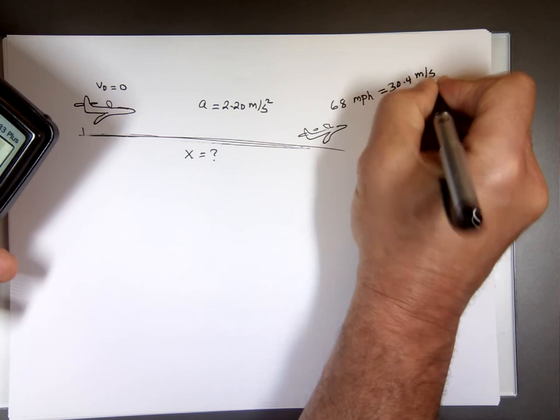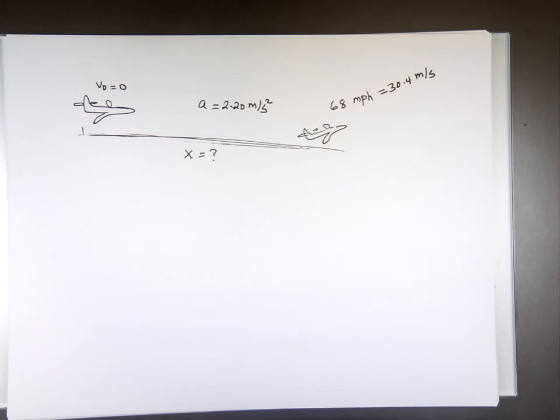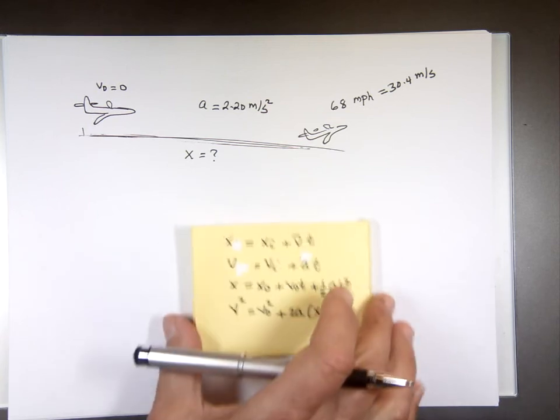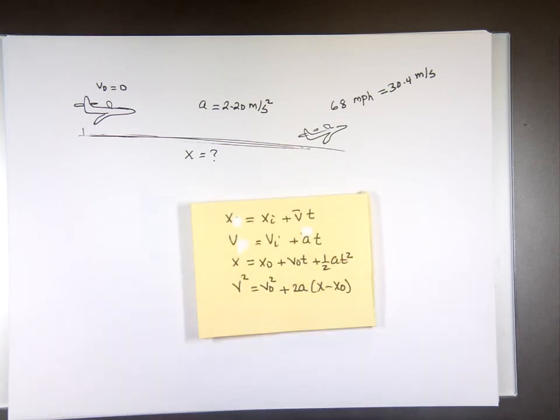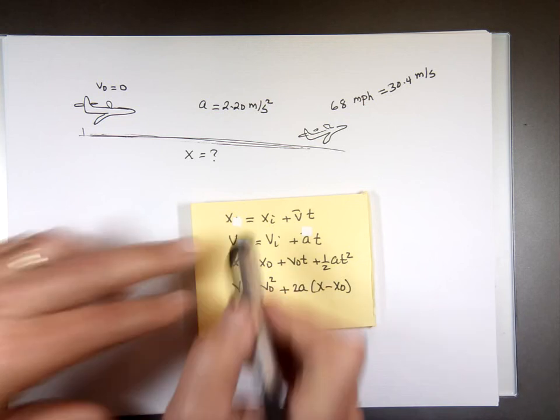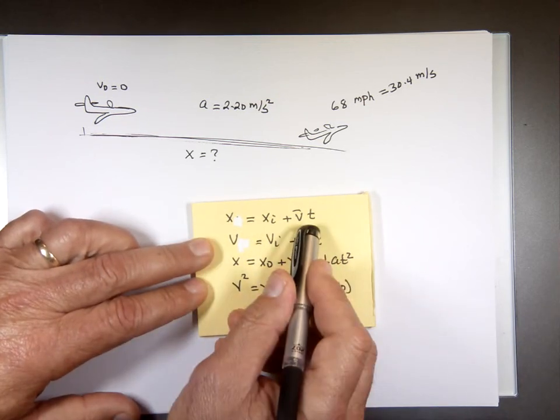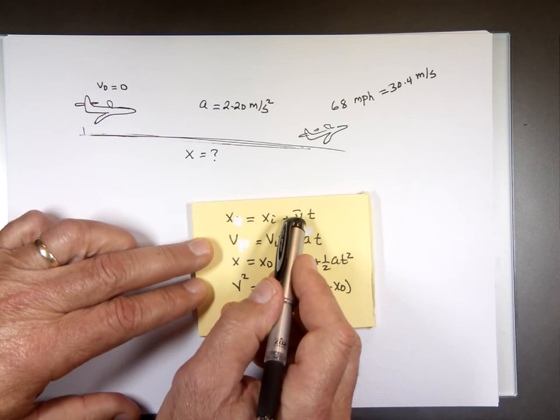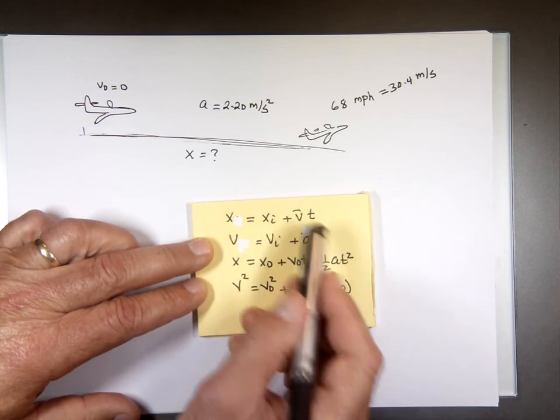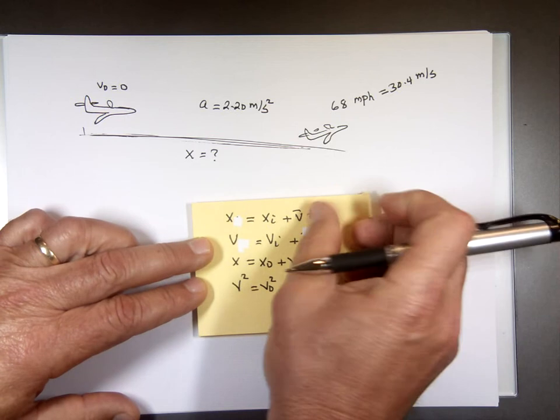So here are my four equations. I'm looking for the distance x. I can't use this directly. Why? I know the average velocity, right, but I don't know the time. So time is unknown and x is unknown. Two unknowns in it.